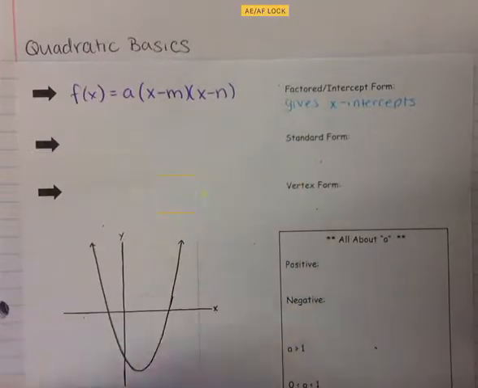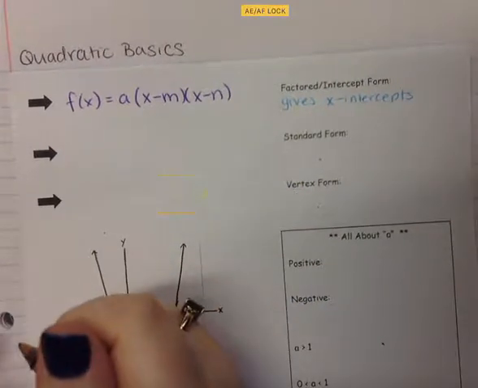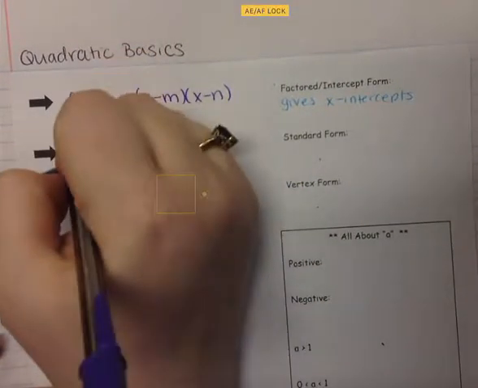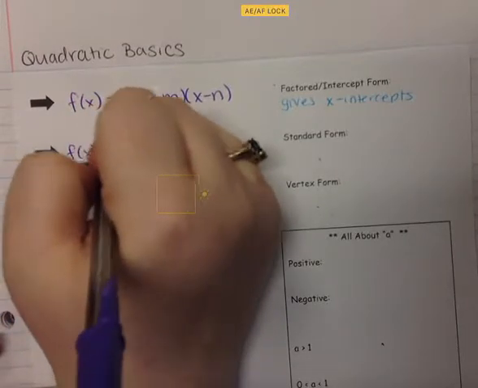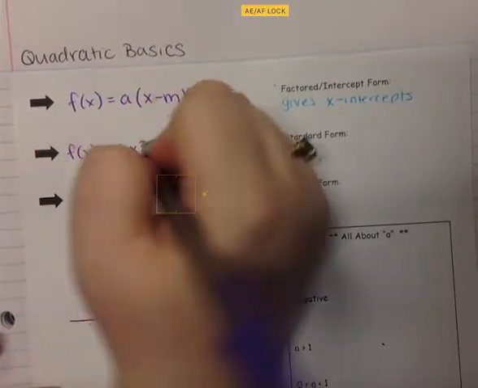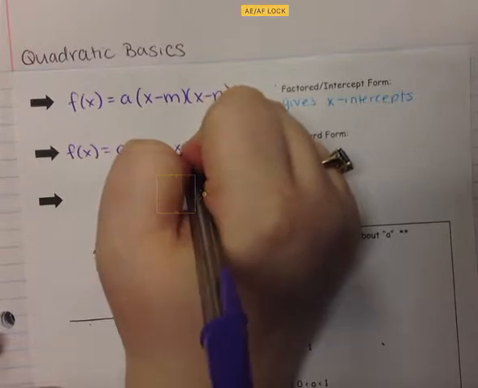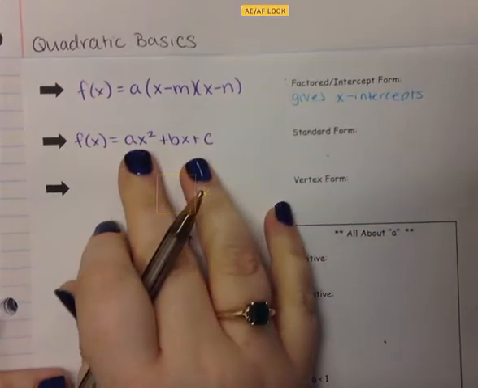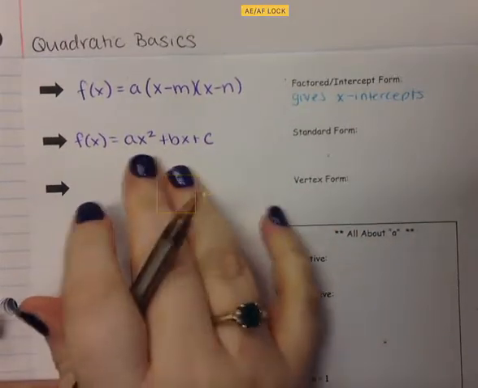Standard form is just a normal quadratic trinomial, so it would look like f of x equals ax squared plus bx plus c. This is just a normal quadratic, one that you've seen before with factoring.